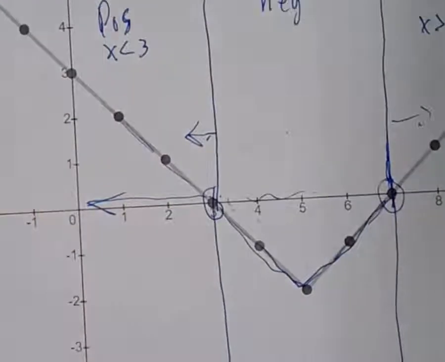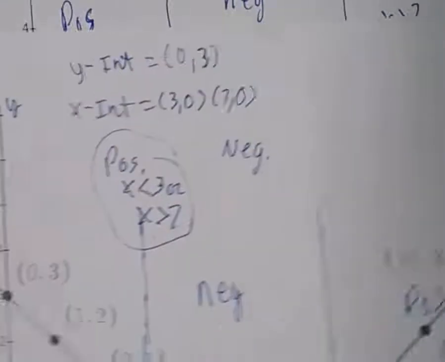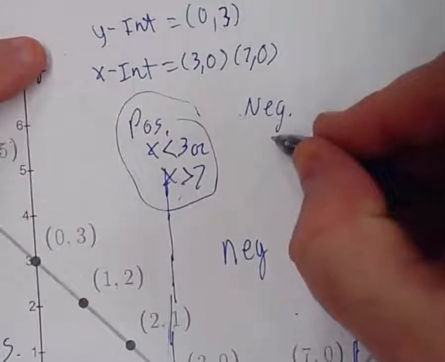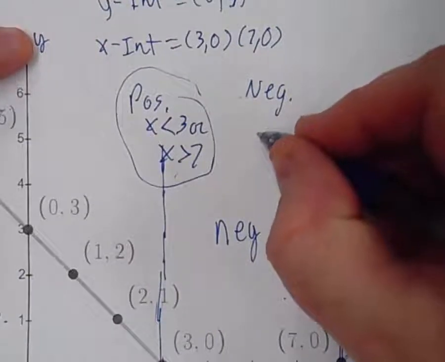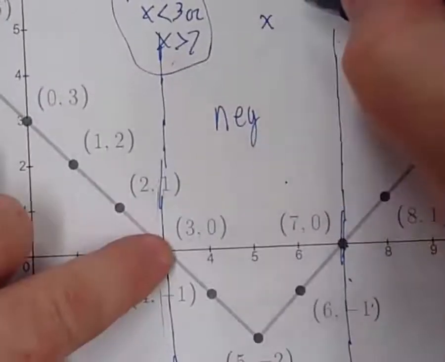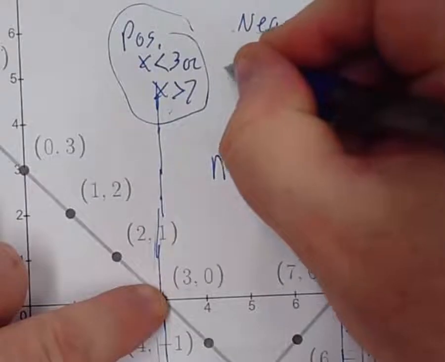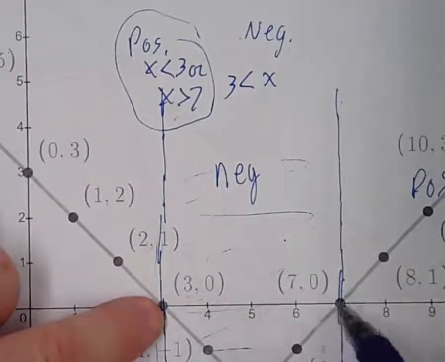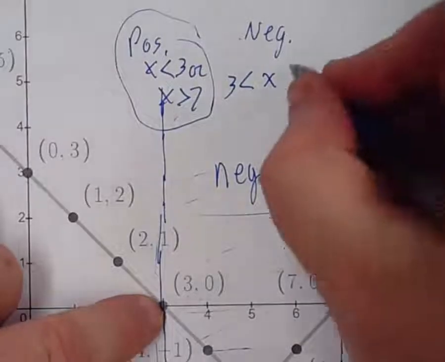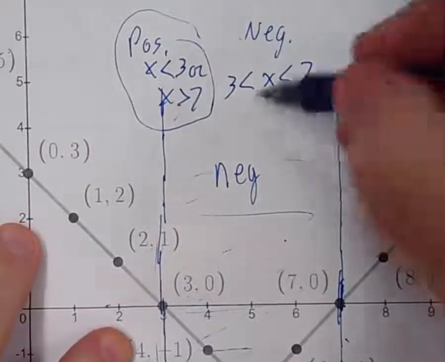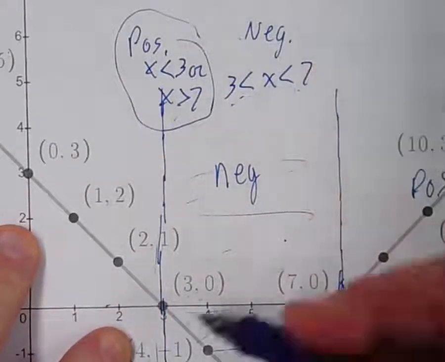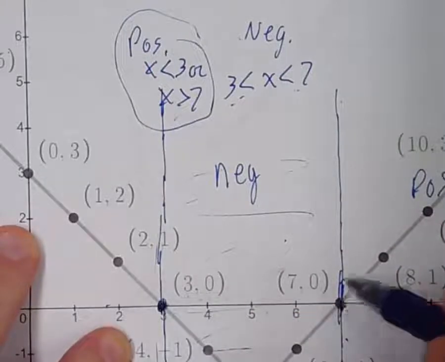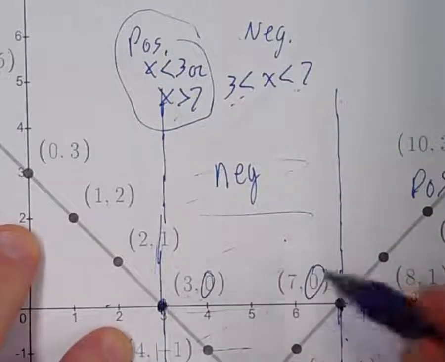So if we go back to the other graph, the graph is negative when we have x's that are bigger than 3. So remember, it's in this region right here. Bigger than 3, but it stops at 7, so less than 7. And the reason we don't have any equal signs at these is because at the x-intercepts themselves we have values of 0, and 0 is neither positive nor negative.